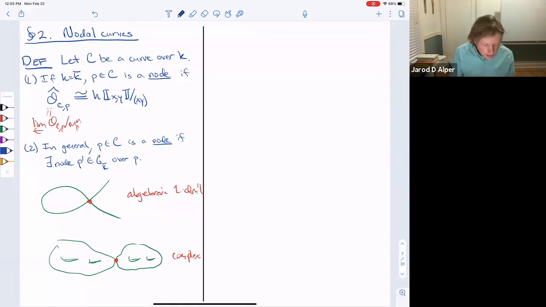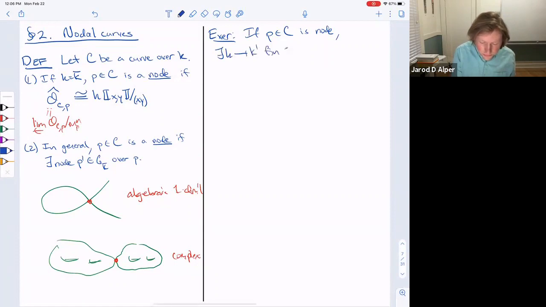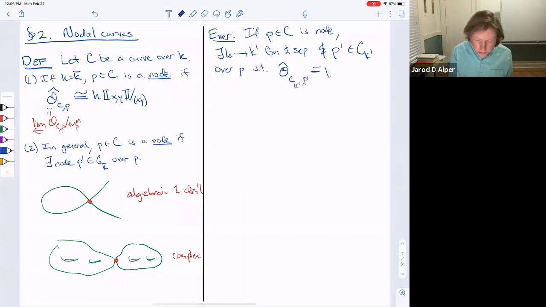And so one of the first things you need to show, I'll leave this as an exercise, is that if P in C is a node, and we're over a field that's not algebraically closed, then there exists a finite separable field extension and a point P prime in the base change over P, such that if I take the complete local ring of this curve C_K prime at P prime, then it has this nice form.